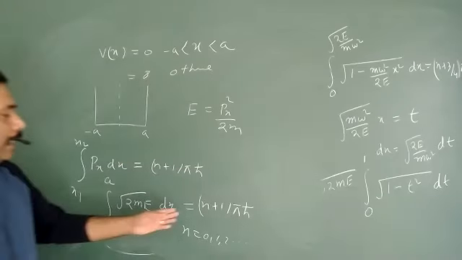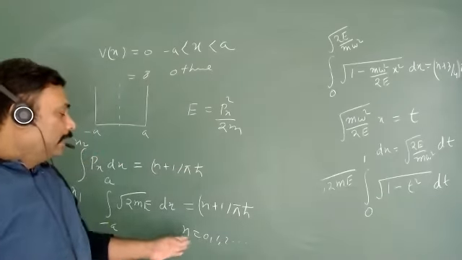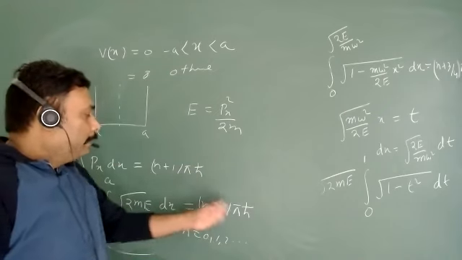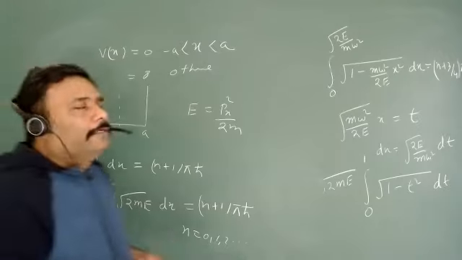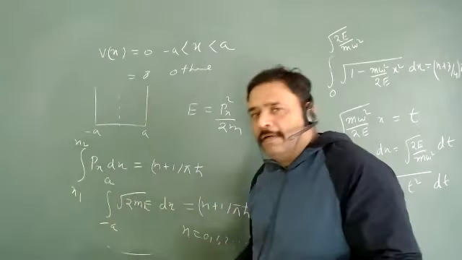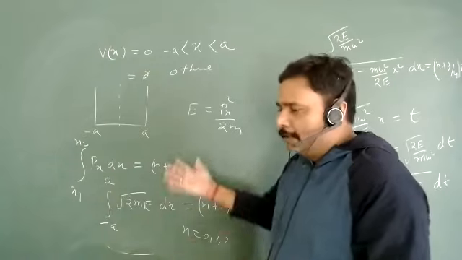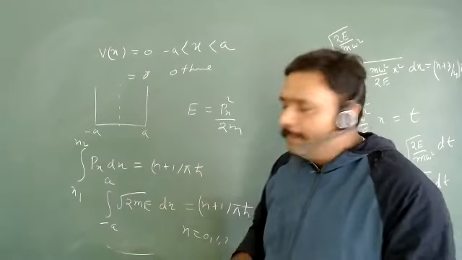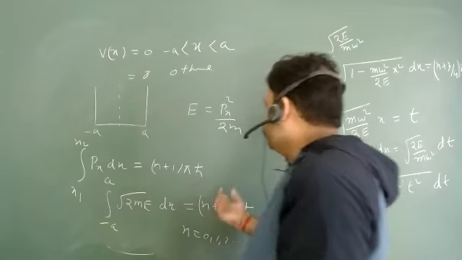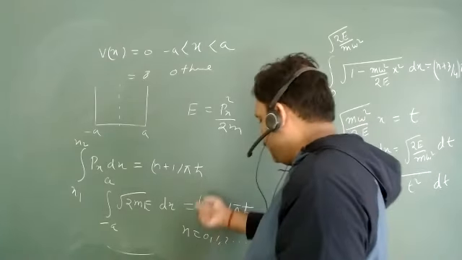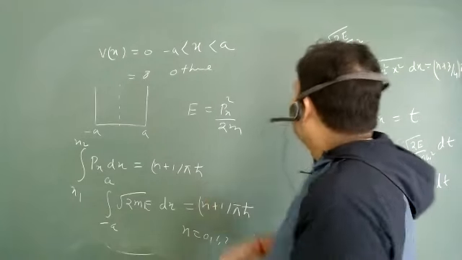And if you want to start n from 1, then you have to write n pi h cut. So scaling can be allowed, and it's our choice how we give our quantum number, depending on the scaling factor. But the final answer will be the same, either you take n from 0 or n from 1. You have to scale down this thing.